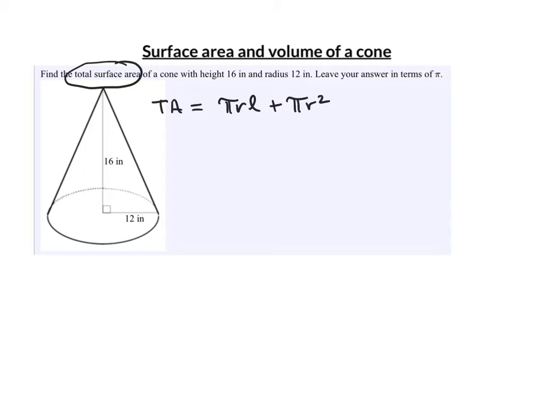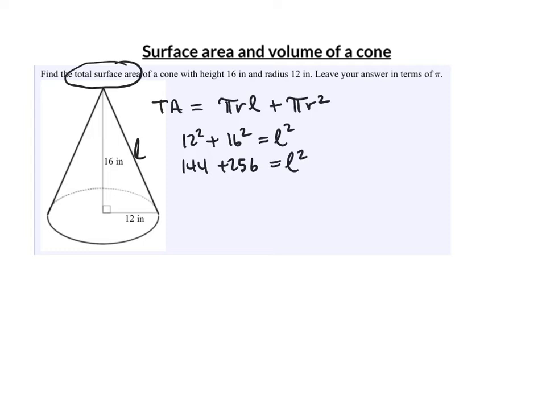The first thing I need then is to find the slant height. Well, I know that 12 squared plus 16 squared is equal to L squared by the Pythagorean theorem. So 144 plus 256 is L squared.